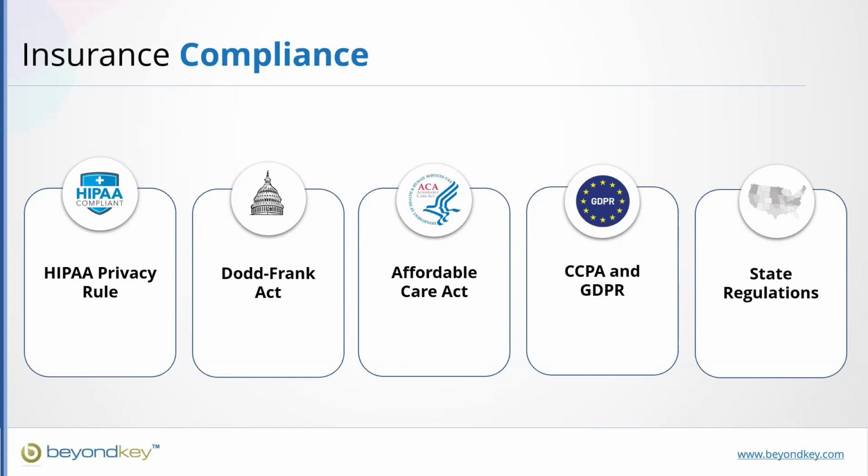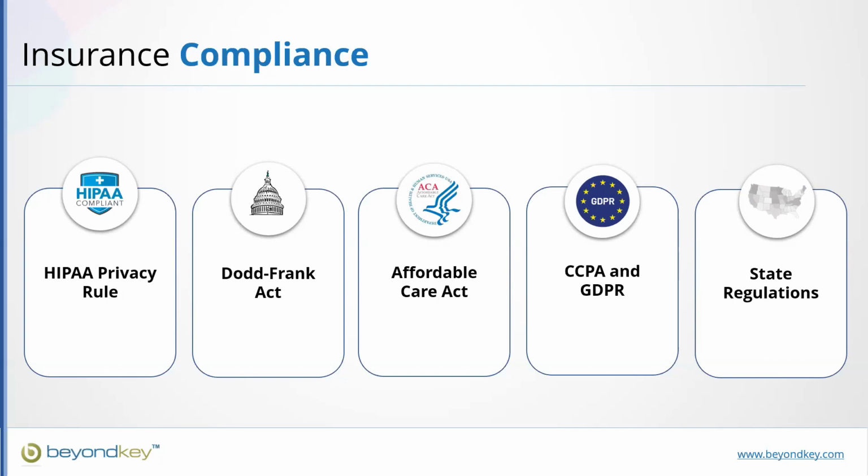Furthermore, the Dodd-Frank Act has made sure that reporting all this information is that much more vital. You have new changes with the Affordable Care Act, which has continued to change over the last decade, as well as new regulations on data privacy for things like CCPA, which is the California Consumer Protection Act, and GDPR, which is the European version of that.